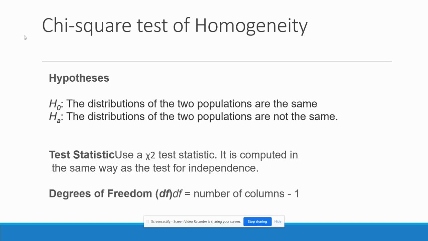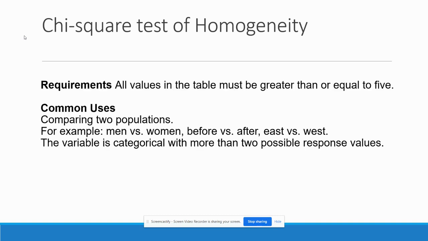You're going to use a chi-square test statistic. It's computed the same way as the test of independence. But remember, we didn't need to worry about that because Minitab did everything for us. Degrees of freedom is number of columns minus 1, but you don't even need to worry about that. Minitab does it for us.